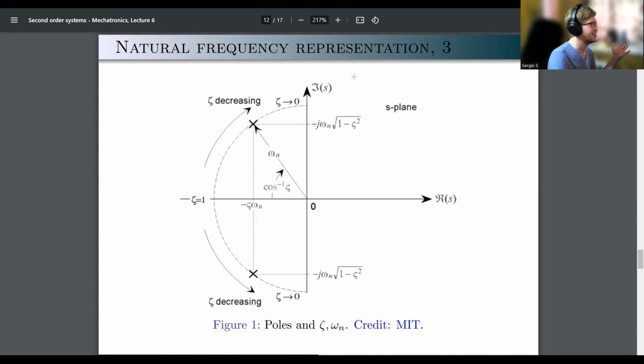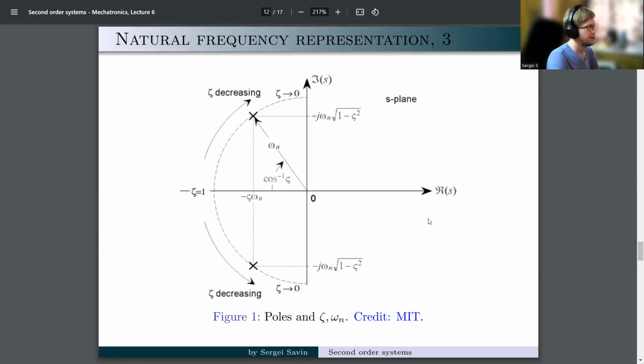It's quite clear even without the diagram, but it's very nice to look at, I think. And by the way, what I would recommend is to think about what happens when the damping factor becomes greater than 1, like where it will be in the diagram and so on.